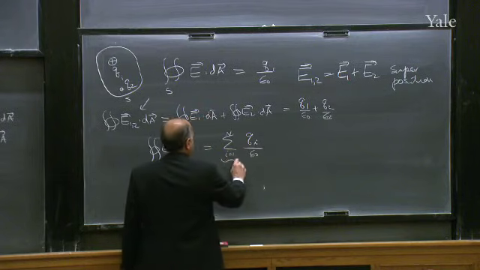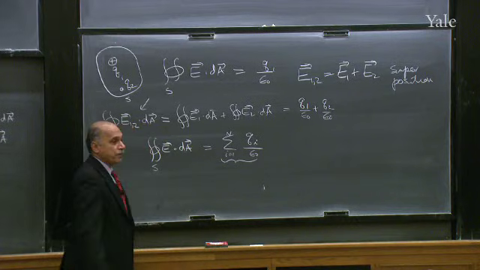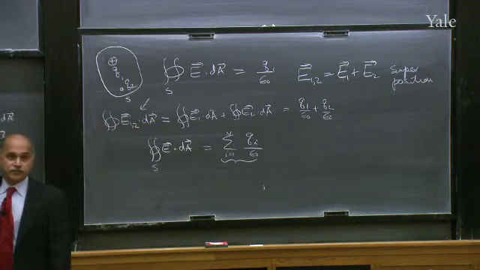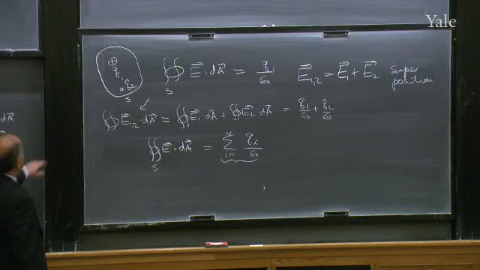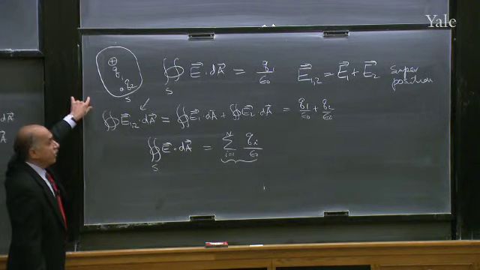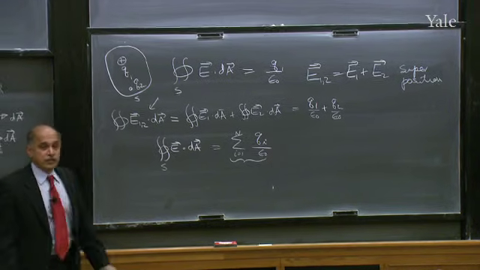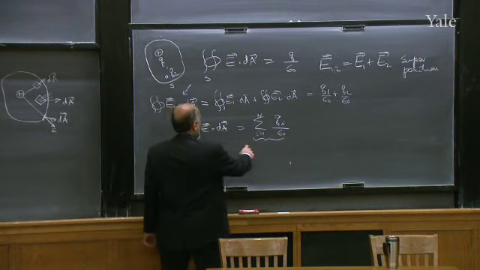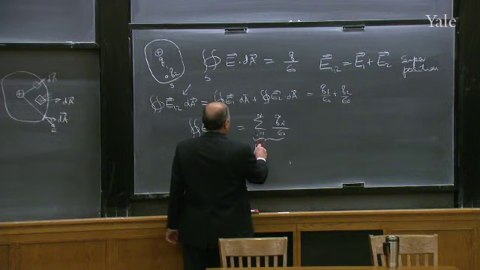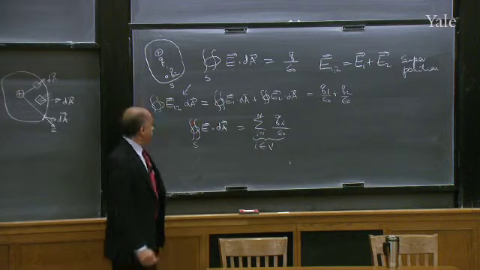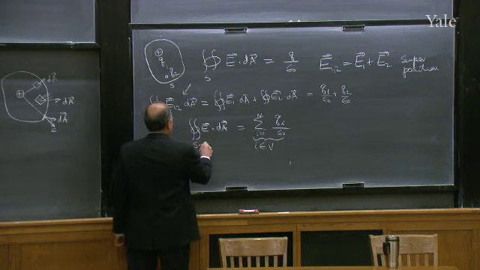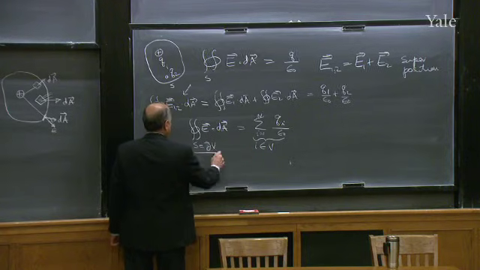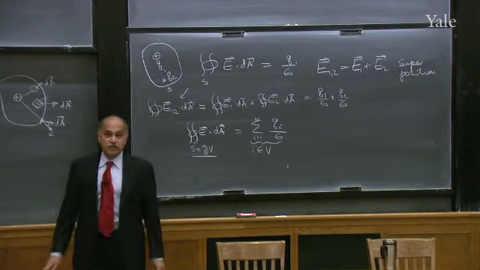The condition is these are charges inside the volume bounded by the surface. You do not count a charge here. You only count charges which are inside, not charges which are outside. So let's make a notation that tells you that i is inside the volume V. And this surface is the boundary of the volume V. This partial derivative symbol is the universal convention for the boundary of any region.